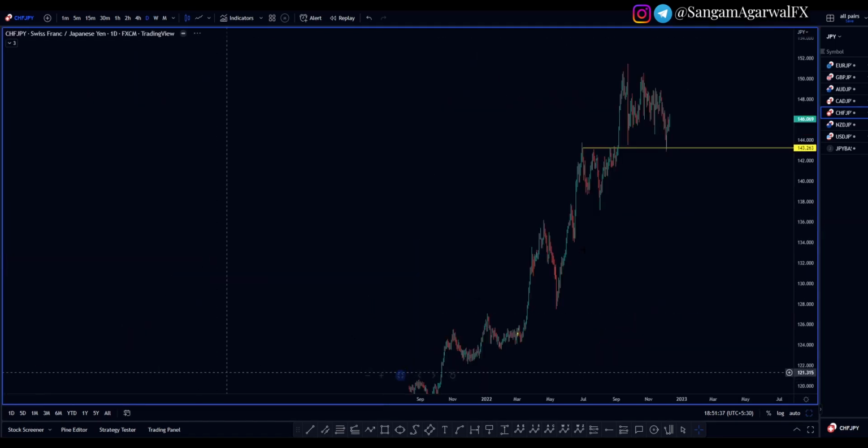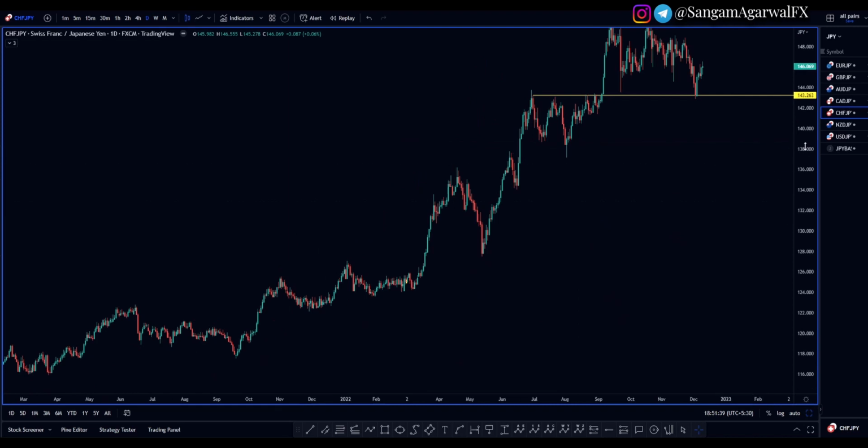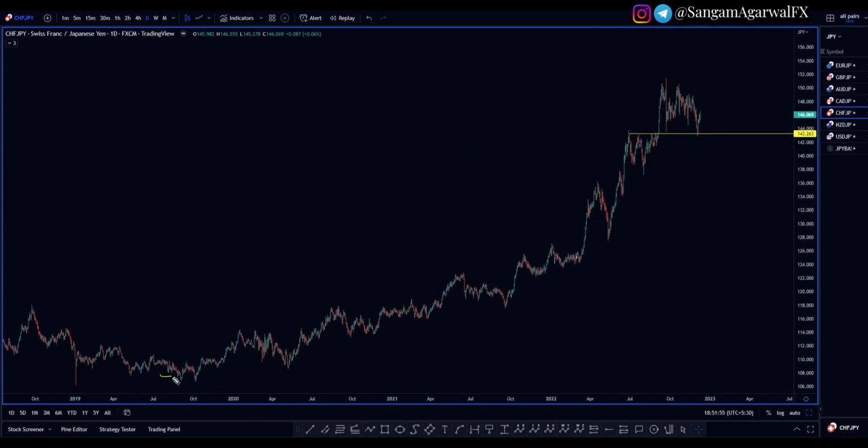And if we see daily time frame, then price has a strong uptrend on daily time frame, because it is constantly making higher high, higher low. So technically it is bullish until we get lower low, lower high, we cannot say bearish.